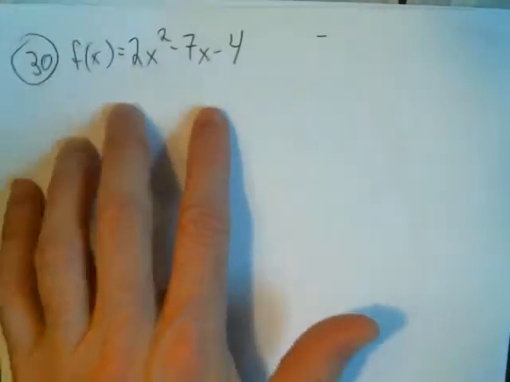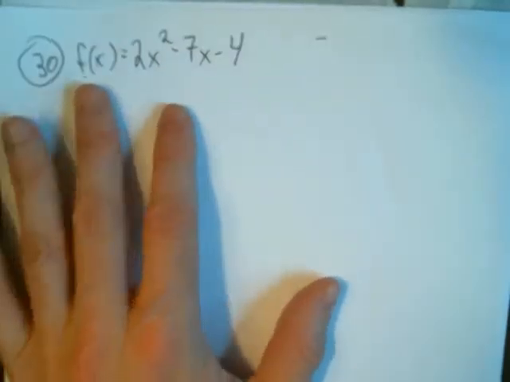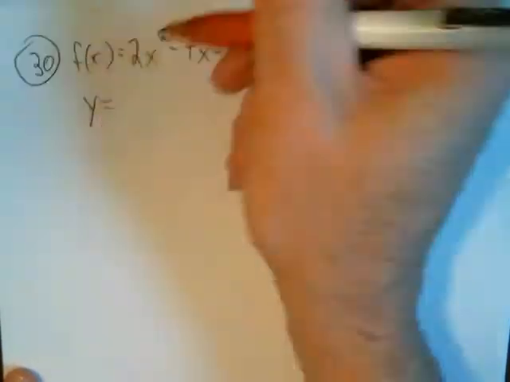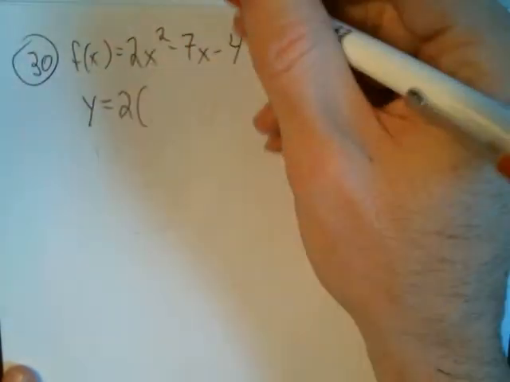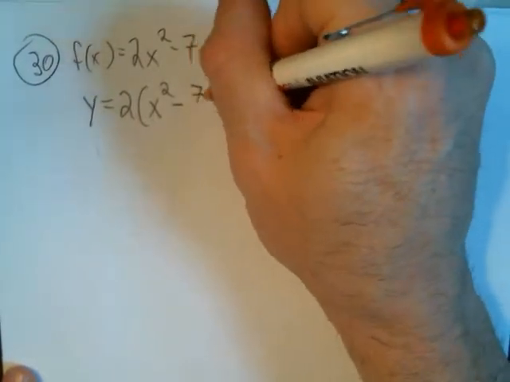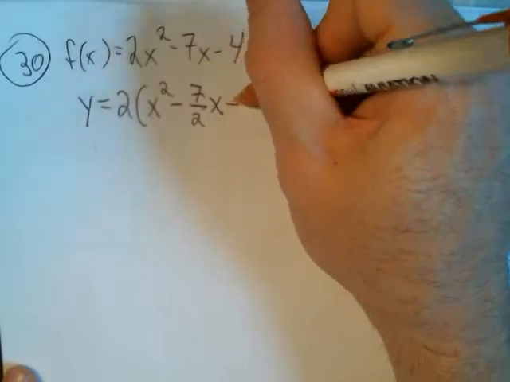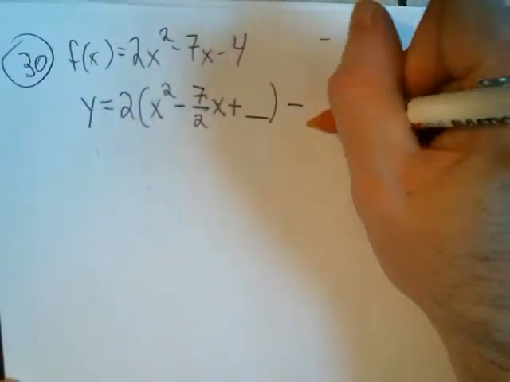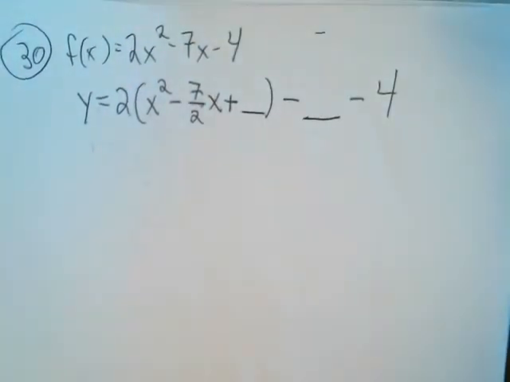We're going to learn how to graph this more common form later, but we want to be able to convert it when necessary. So we'll rewrite it. y equals, I'm going to have to factor out a 2 first. So 2 times (x squared minus 7 halves x), and then we'll have to add in something, and then immediately subtract that something, and then we still have the minus 4 to worry about.